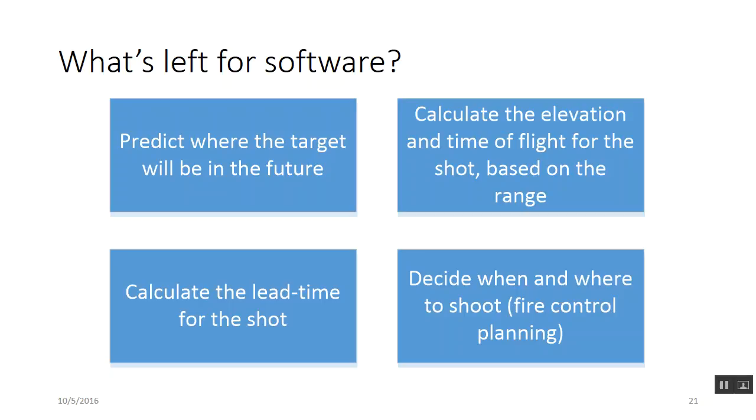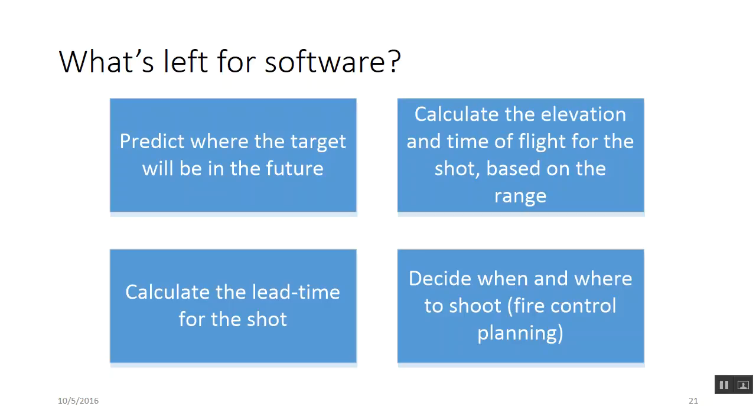So we need to predict where the target's going to be in the future. We've got to calculate the elevation because we need to aim the cannon, right? We don't have all of those circuits and that three-dimensional geometry yet, but once we do, we need to point it at something in order to fire. We know the radar will tell us how far away something is, and I know my muzzle velocity. What does that mean about what angle of elevation I need to shoot at?